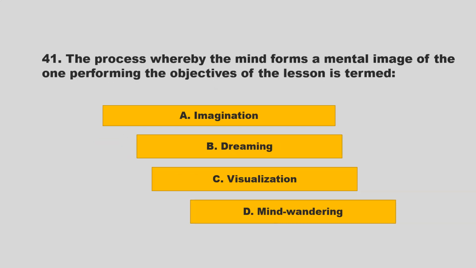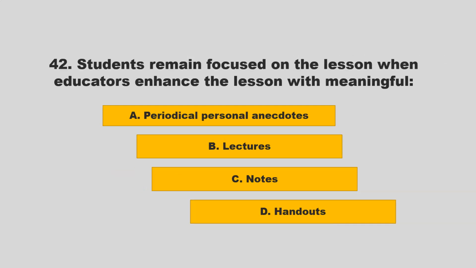The process whereby the mind forms a mental image of the one performing the objectives of the lesson is termed imagination, dreaming, visualization, mind wandering. If you chose C, visualization, you are correct. Students remain focused on the lesson when educators enhance the lesson with meaningful periodical, personal anecdotes, lectures, notes, handouts.